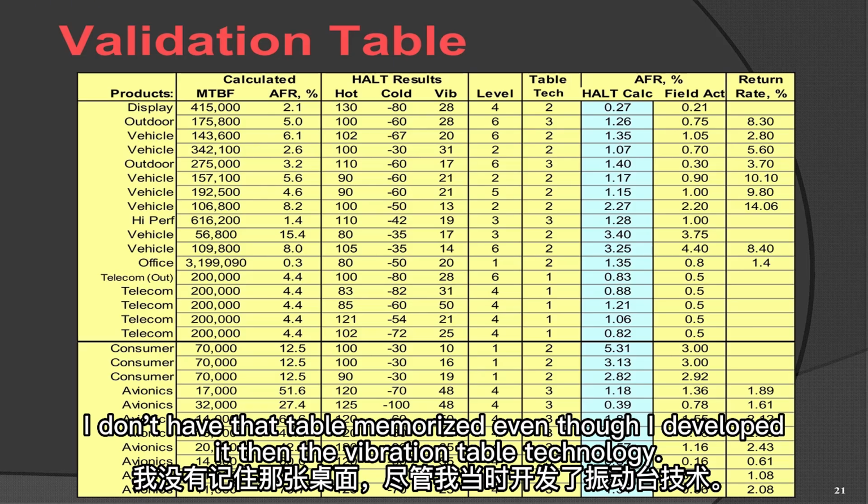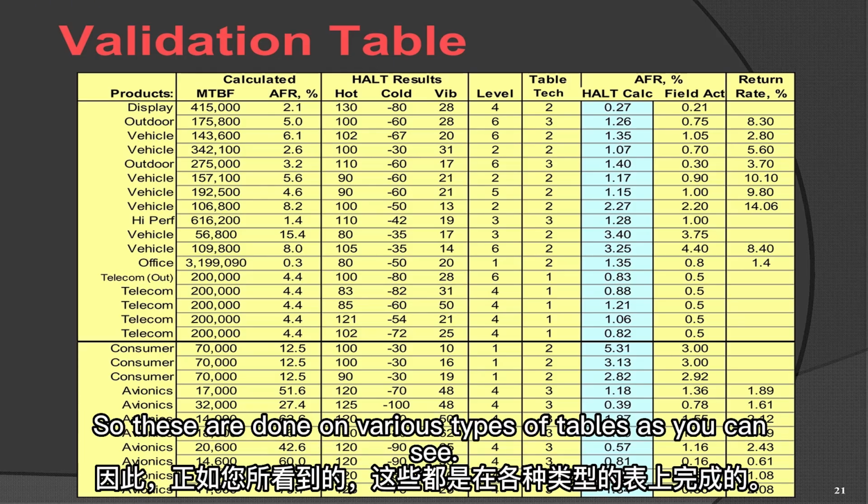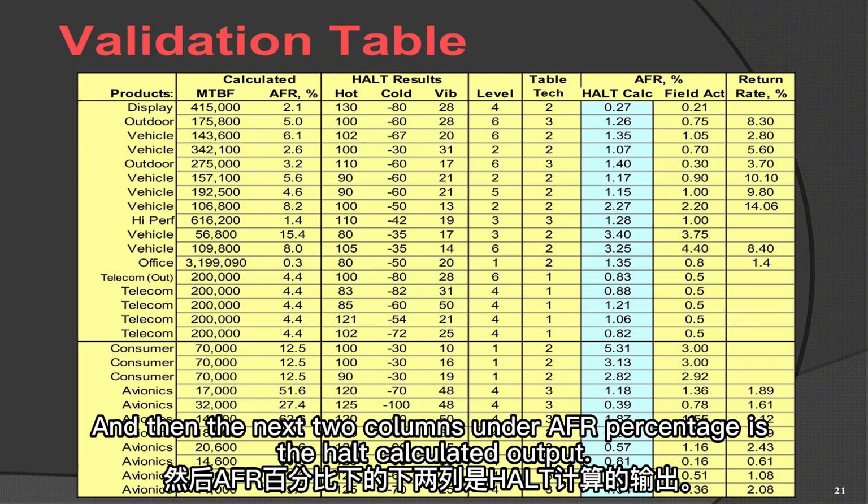Then the vibration table technology. So these are done on various types of tables, as you can see. And then the next 2 columns under AFR percentage is the HALT calculator output.